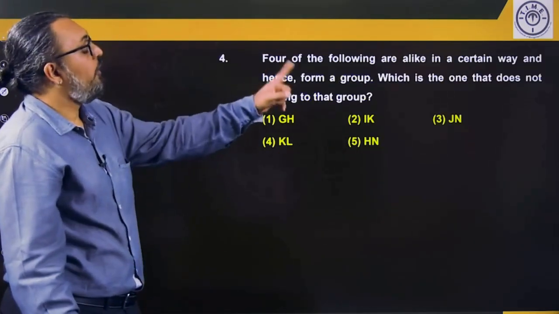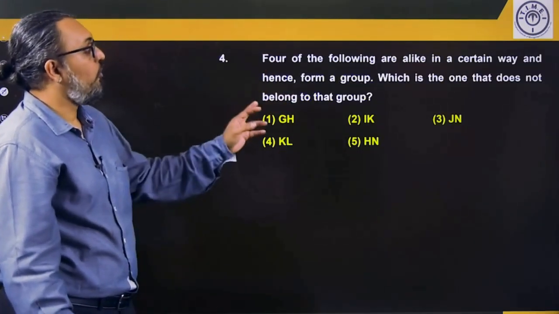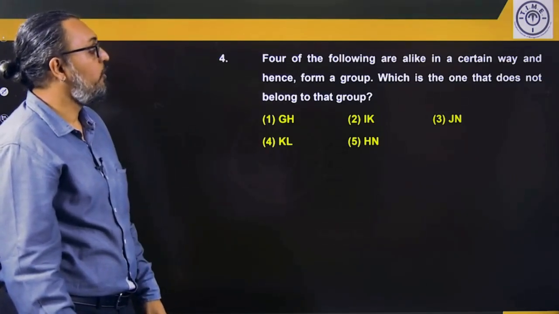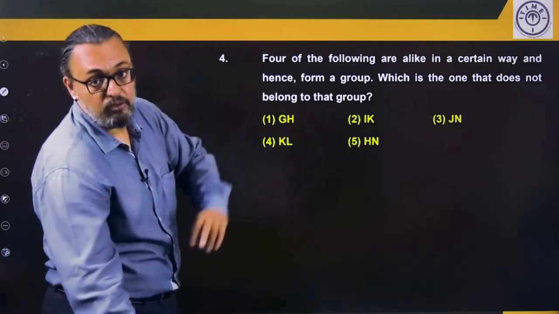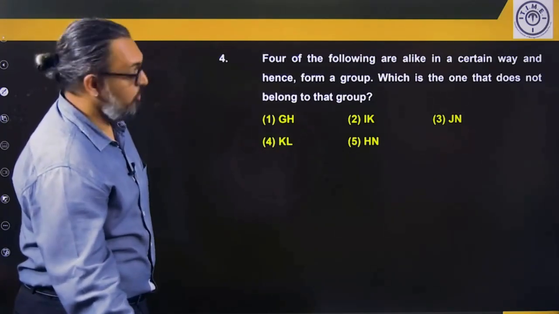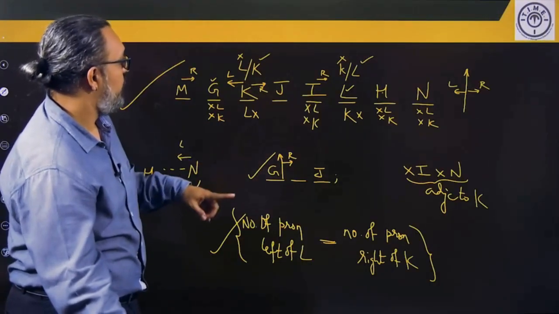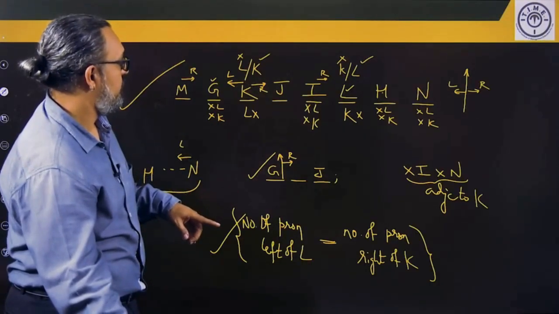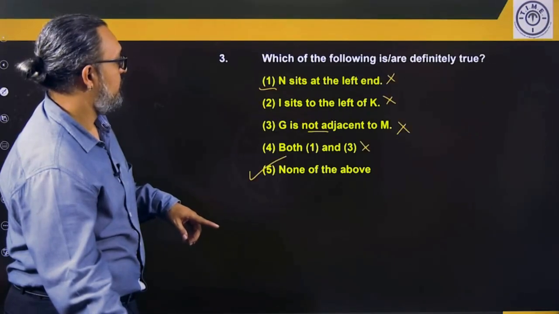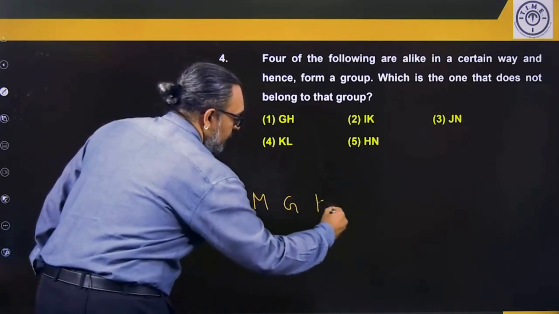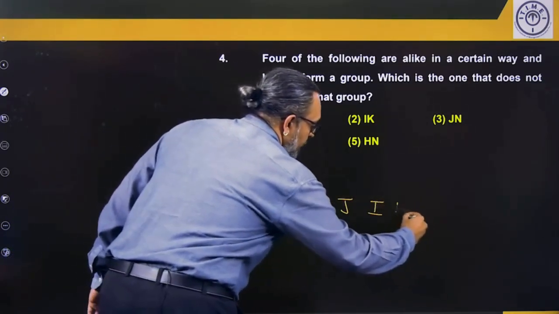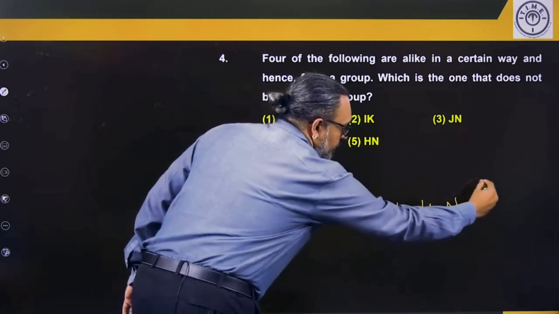Then, 4 of the following are alike in a certain way and hence form a group. Which is the one that doesn't belong to that group? Okay. So, let me take the arrangement so that we can go through the options. So, we have M, G, K, J, I, L, H, N. Okay.